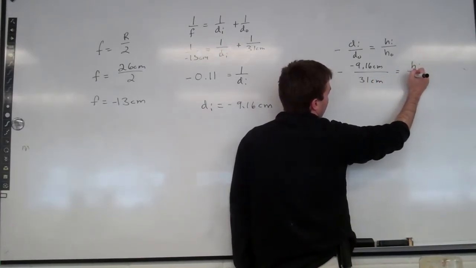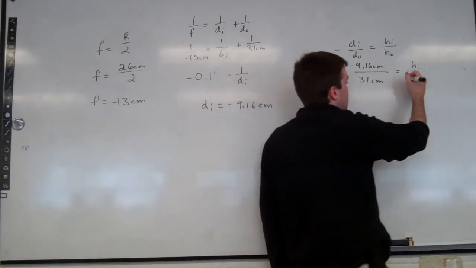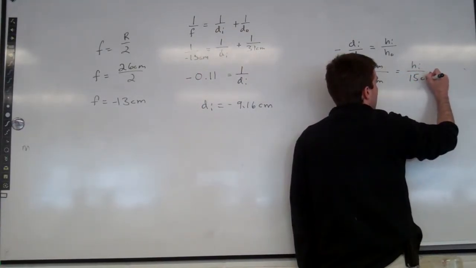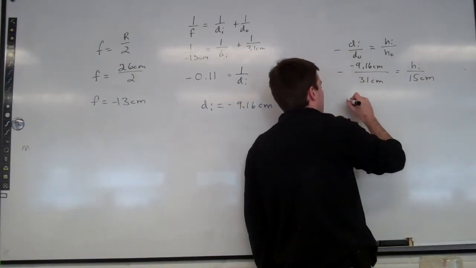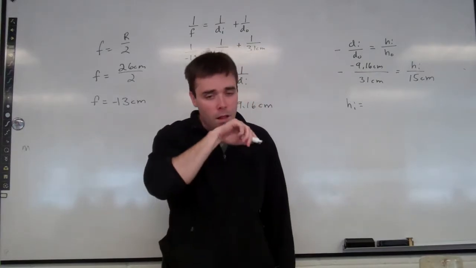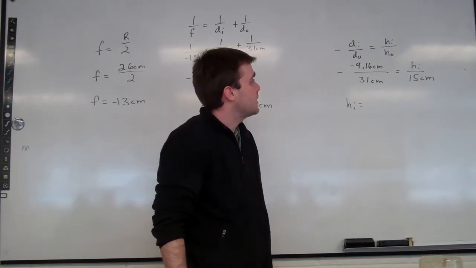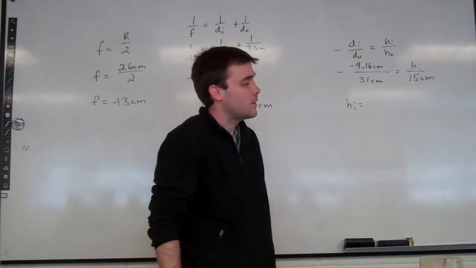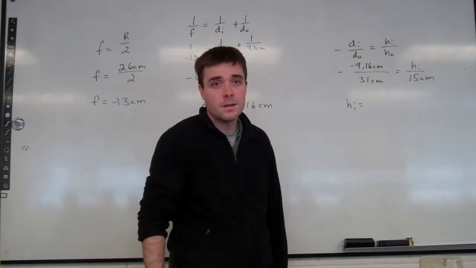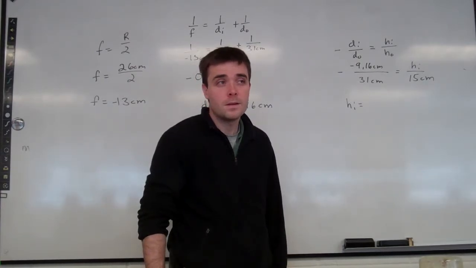What's our object height? 15 centimeters. Good. Negatives cancel out, there we get 9.16 times 15 divided by 31. And what do you get? 4.03.